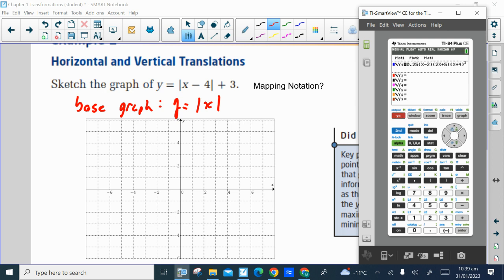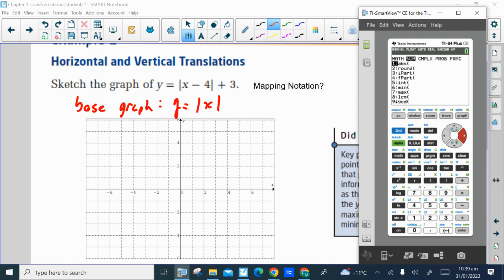If we go to y equals, now to get the absolute value function, go to math, over to number, and the very first choice in that list is absolute value, ABS. The math key is on the left, third row down.